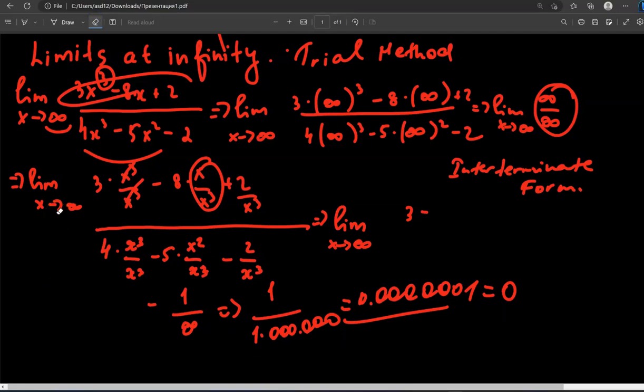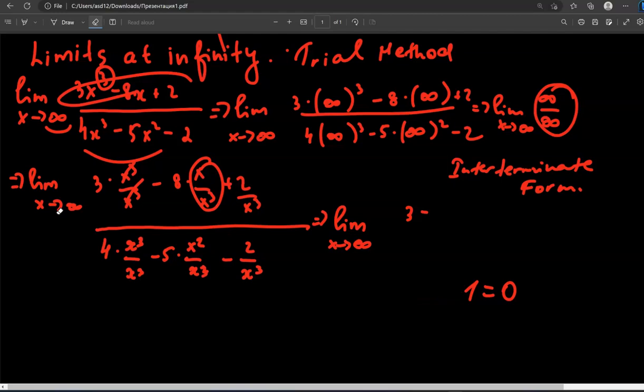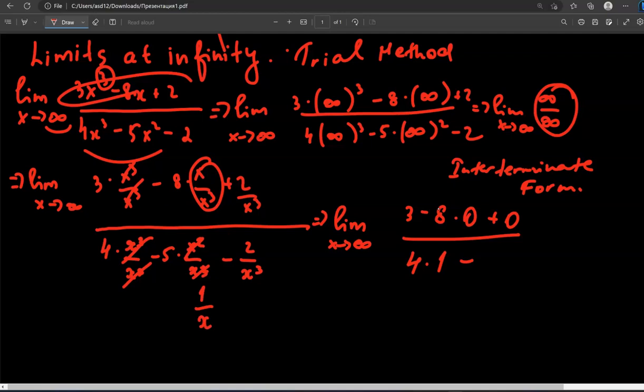Let me quickly erase this part. So the 8 part is equal to 0, multiplied by 0, plus 2 divided by x cubed. 2 is a low number divided by a big number, so it's equal to 0, all divided by 4. In the denominator, this part cancels and we have only 1, minus 5x squared over x cubed, which is 1 over x; a 1 divided by a big number is equal to 0, minus 0 as well.